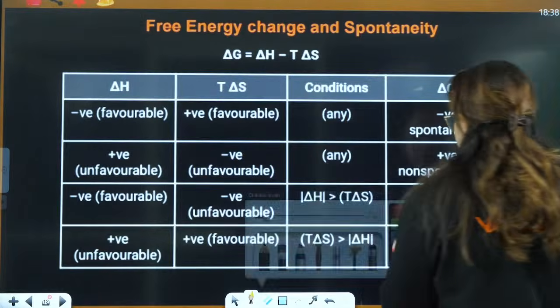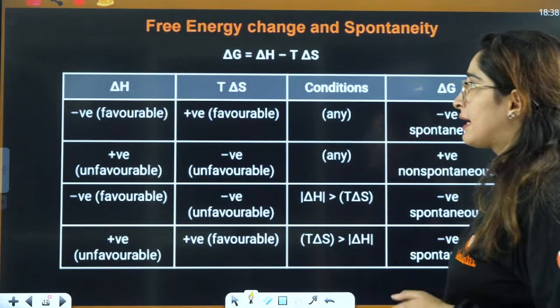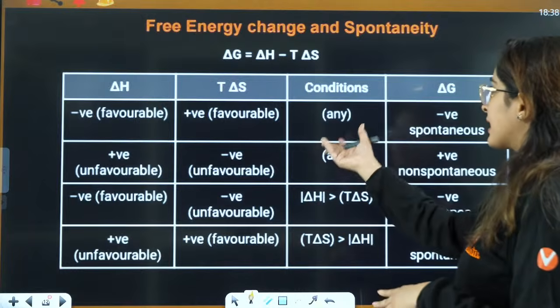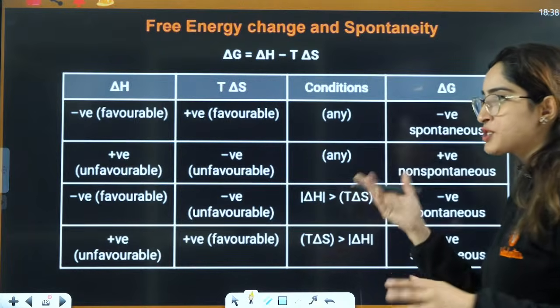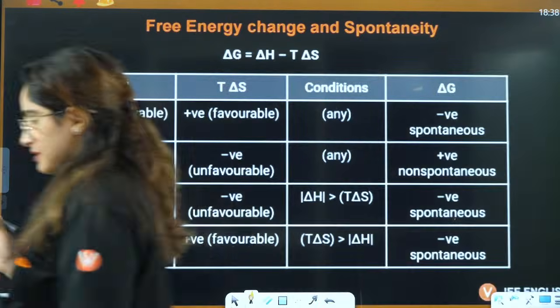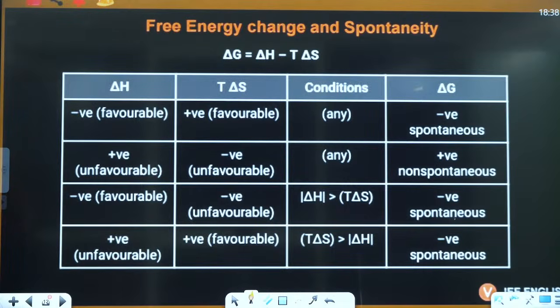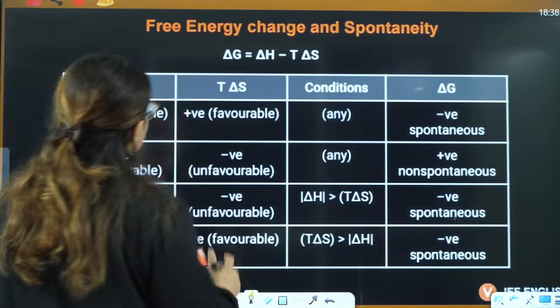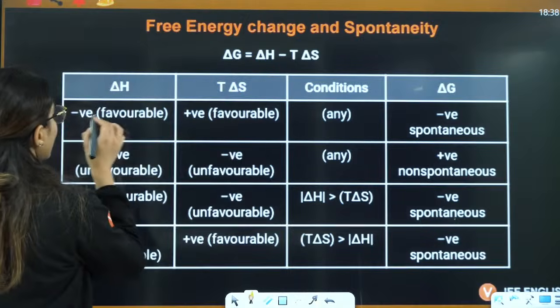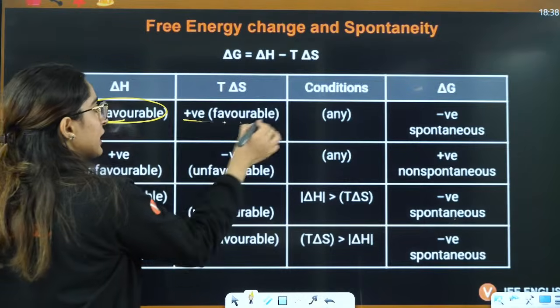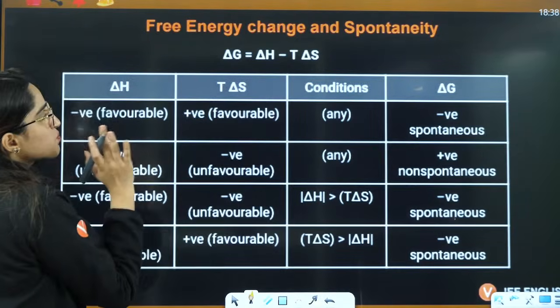Now according to delta H being positive or negative, you may have spontaneous or non-spontaneous processes. So let's understand that. Let's take a case where delta H is negative and delta S is positive.